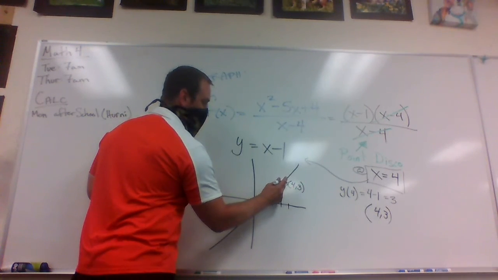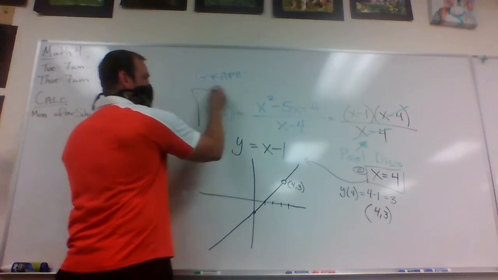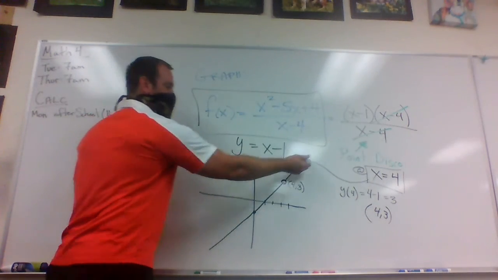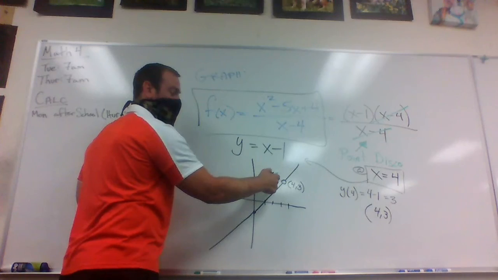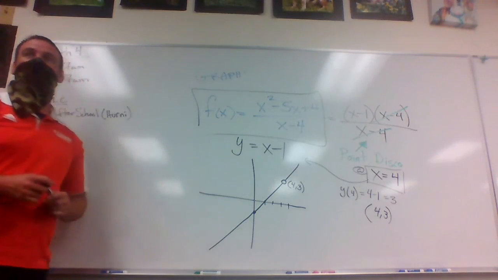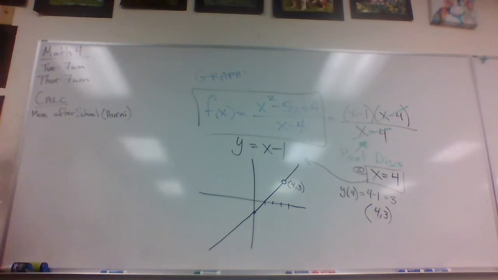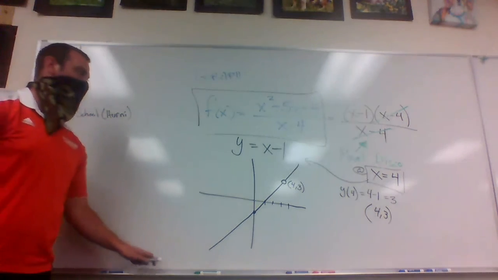Which is really tricky, because if you were to graph this in your calculator, it's just going to look like a straight line. It won't have a big old circle there. If you use trace though and go to x equals 4, it won't give you a y output, the reason being it's undefined there.